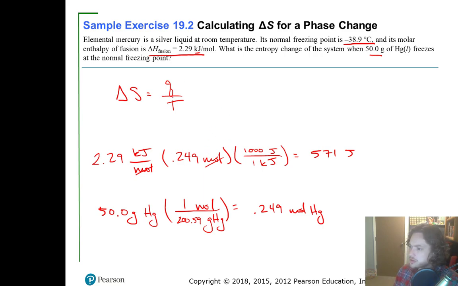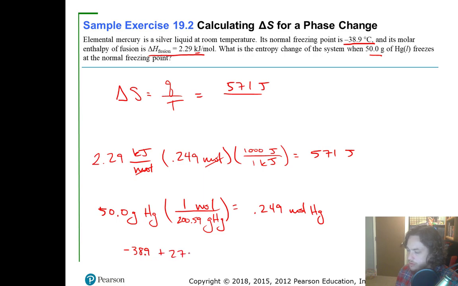All right, so that's 571 joules. And it says that our entropy change, now we need our temperature. And this guy here, we got to convert to Kelvin. So one more little thing we got to do here.